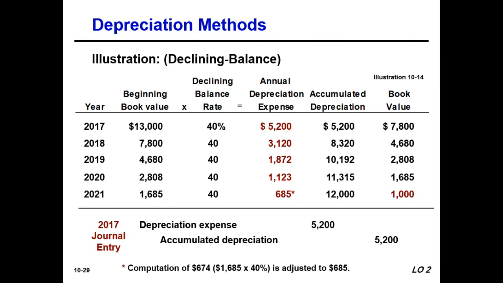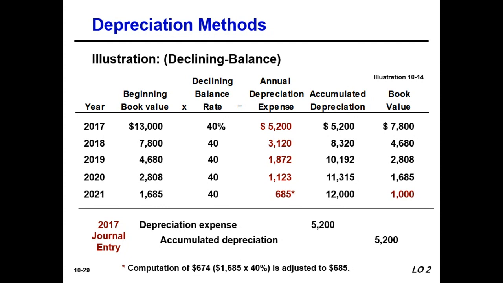Okay, so as we can see, the declining balance method is compatible with our expense recognition principle, because it matches higher depreciation expense in early years, because there are higher benefits to be received from these assets, right?